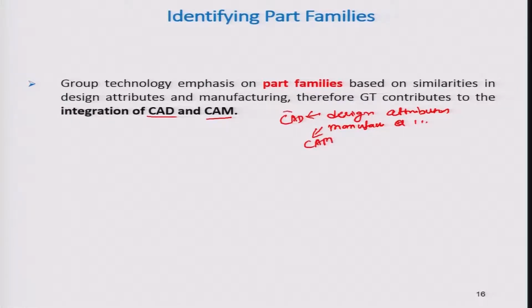In an actual case, you are clubbing CAD and CAM. That's why group technology is the complete integration of CAD and CAM, computer aided designing and computer aided manufacturing.